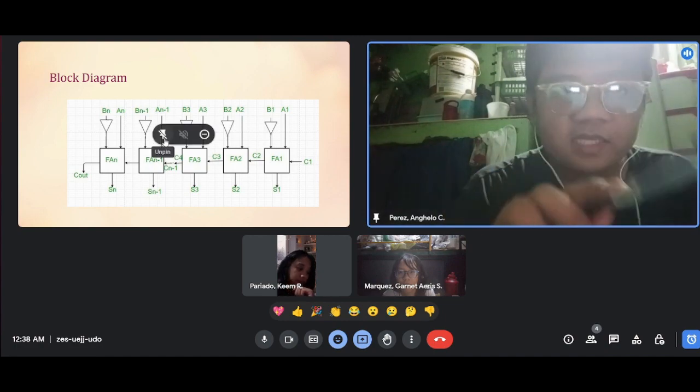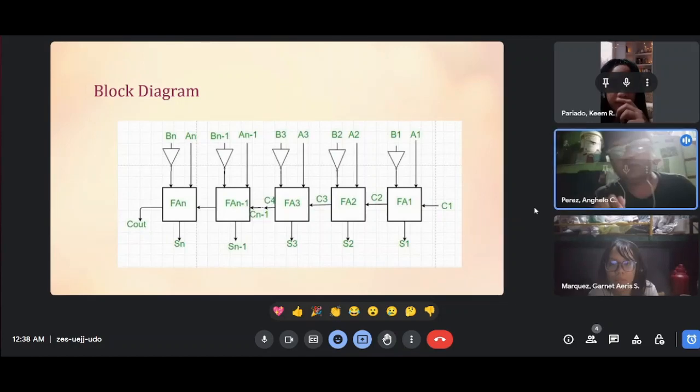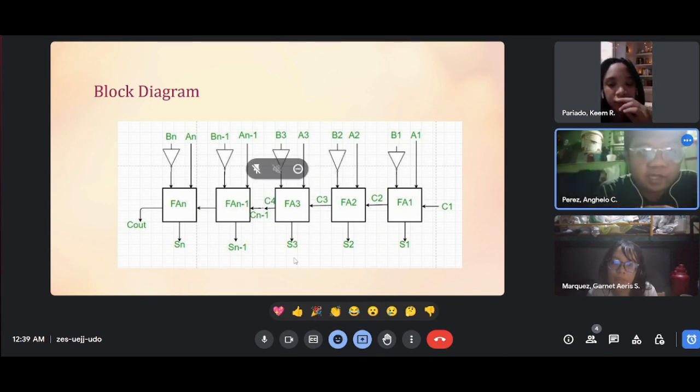When you see a triangle shape on the inputs, it means the signal is inverted. The process goes down to full adder 1, then it processes through C2, full adder 2, C3. And then the values at the bottom, S3, S2, and S1, are what we call the output, or the final answer, or the result, also called the difference.